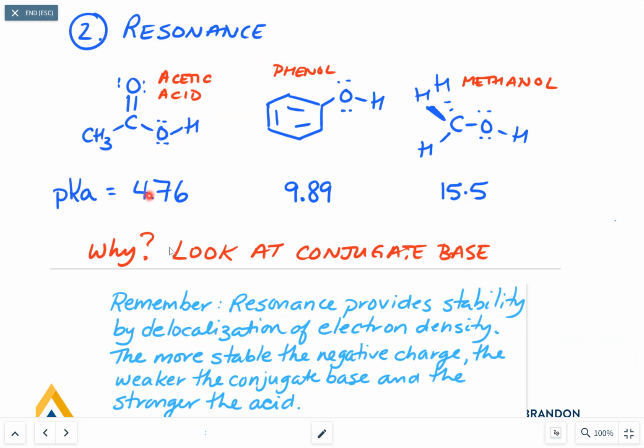And so why is this? To do this, what we're going to need to do is remove these protons, and look at the conjugate base, and see which of those conjugate bases are stabilized, and in particular, which are going to be stabilized by resonance. Okay, so let's do that. That's what's going to happen on the next slide.